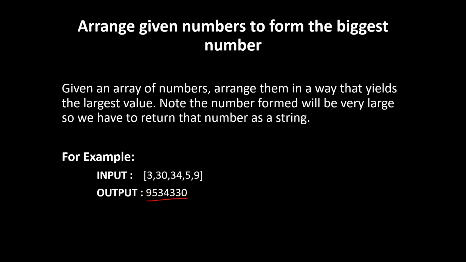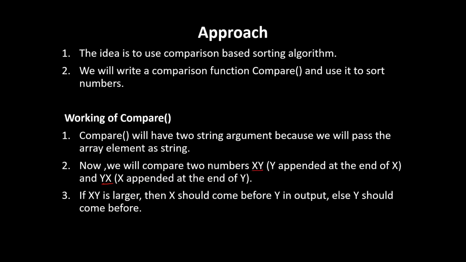Here 9 is this, 5 is this element, 34 is this element, and 3 is this, and at last 30 is this. So we have arranged these numbers in such a way that they form this number. So let's see how we can solve this question.